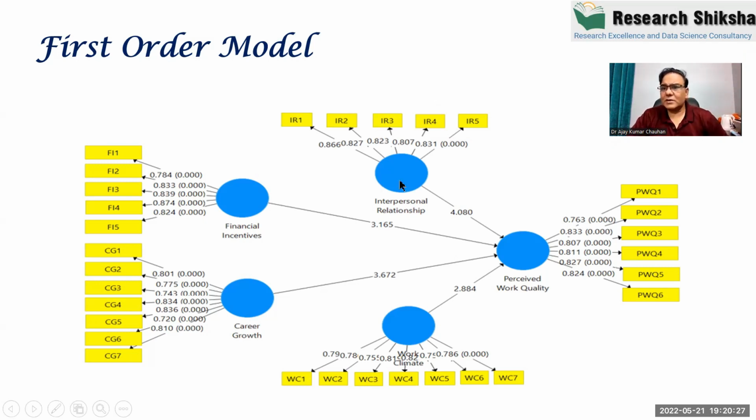Each single construct is a zero order, but when we have more than 2 zero order constructs in the model, it is called a first order model. So this is the difference between zero order and first order. I hope it is clear.